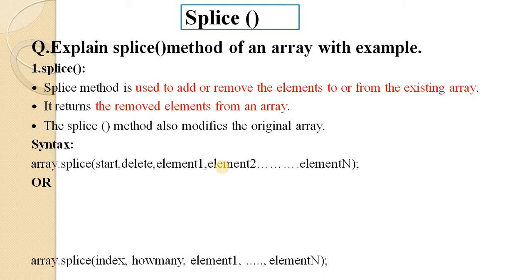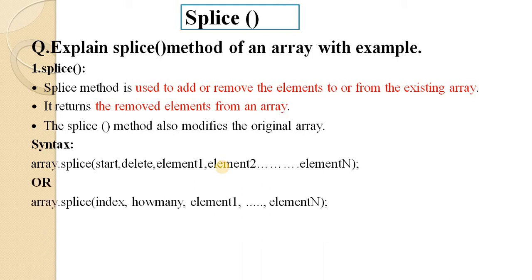Or you can also write the syntax as array.splice(index, how many, element 1 up to element n), where index is the starting index and how many is the number of elements you have to delete.